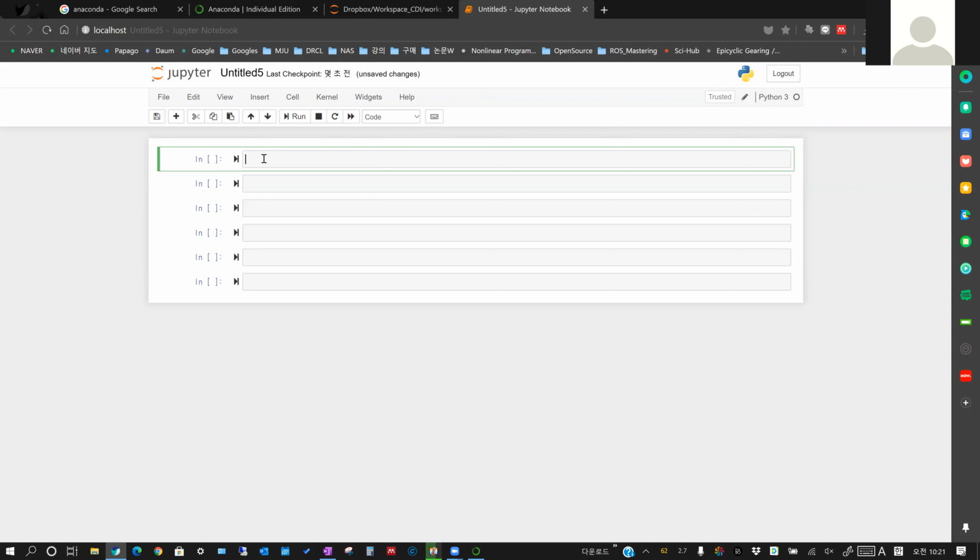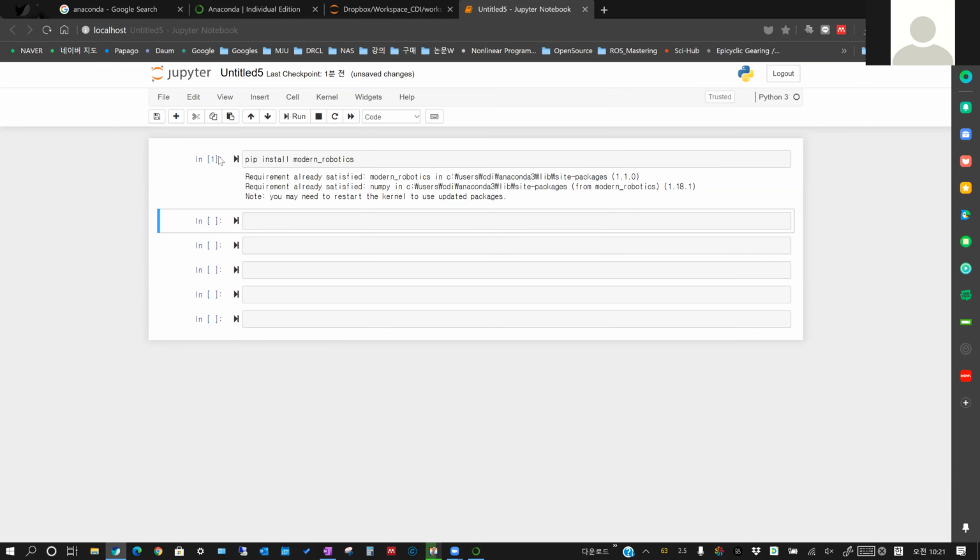So if you want to install the modern robotics library, first you should run pip install modern robotics like this, and press Shift Enter, then it runs. While it is processing, it shows a star symbol, and when it finishes the process, the star is converted to a number.